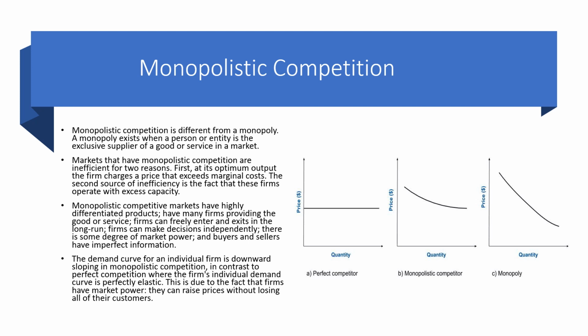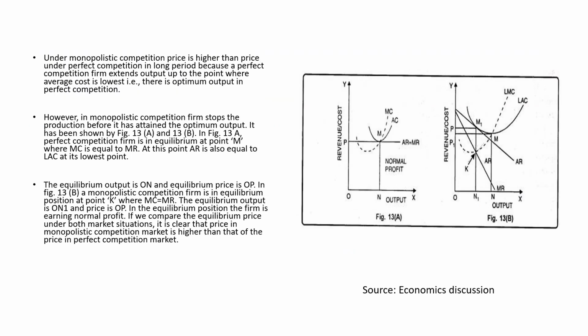And in the pure monopoly, you can see that there's a lot of power over price, and they can change their price without losing all of their customers. So under monopolistic competition, the price is higher than under perfect competition in the long run.